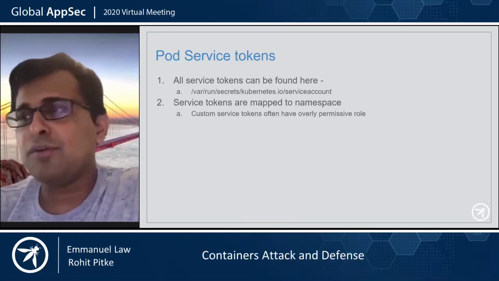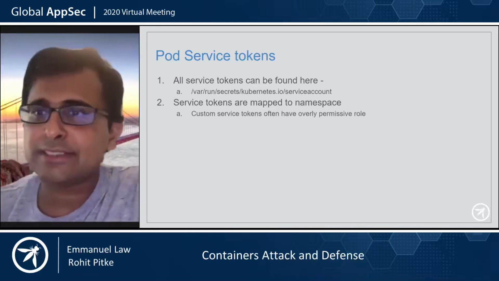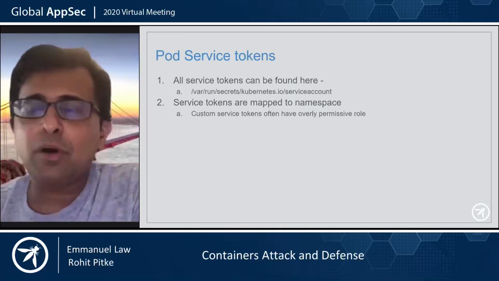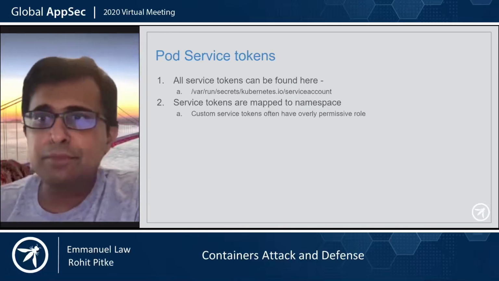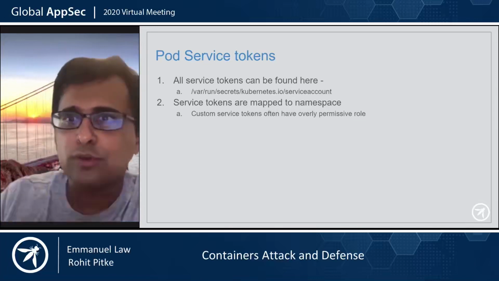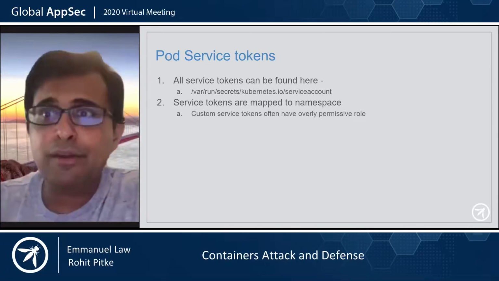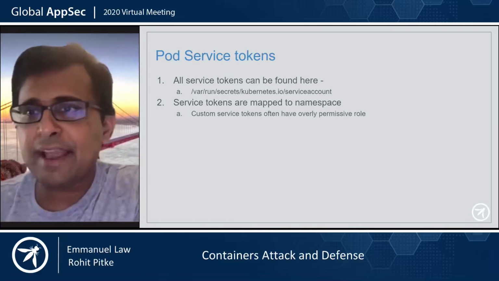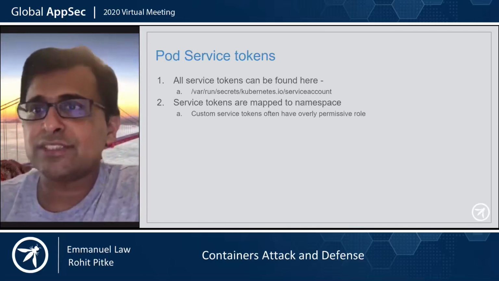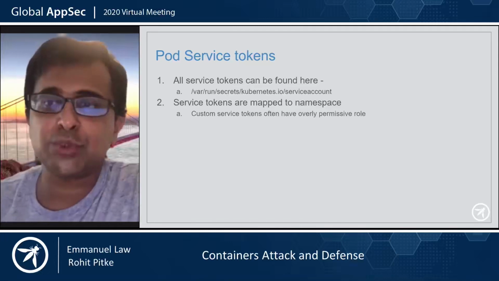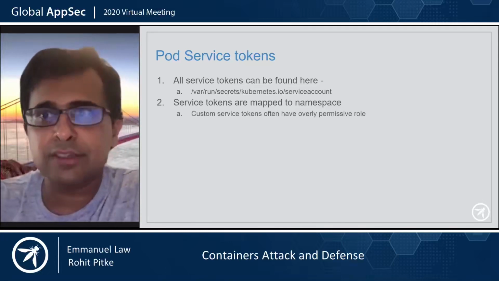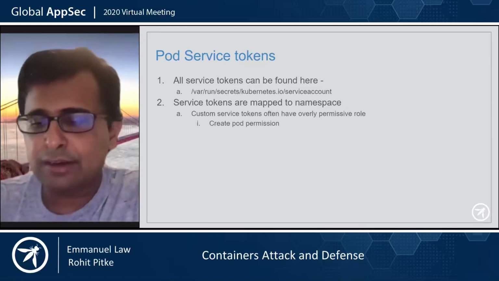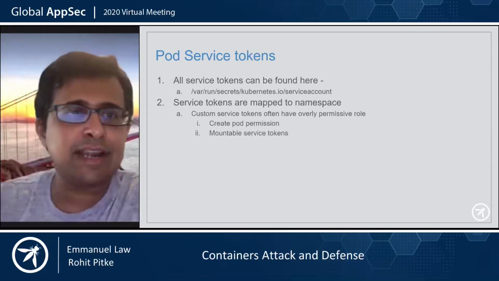There are a lot of devastating roles that you can assign to service tokens, like creating a pod, updating a pod, or deleting a pod, meaning whoever gets hold of this service token, that adversary can now invoke the control API to perform all those actions authorized for those service tokens. So create pod is one of the sensitive permissions in that case.